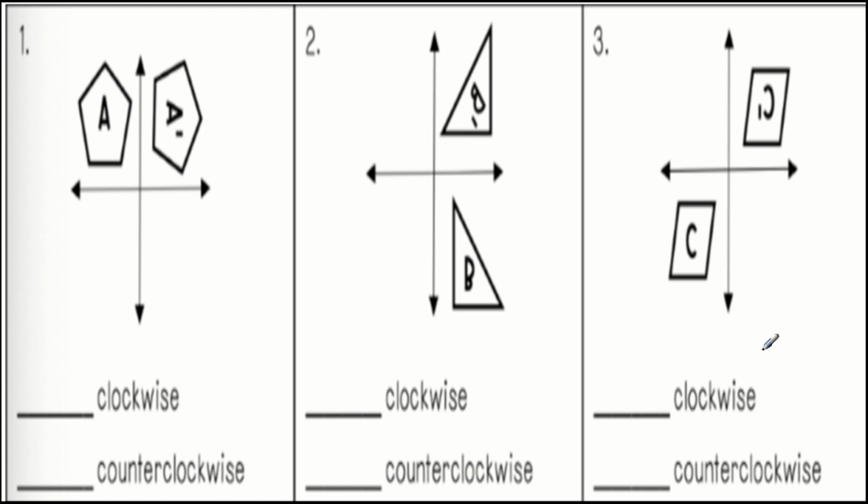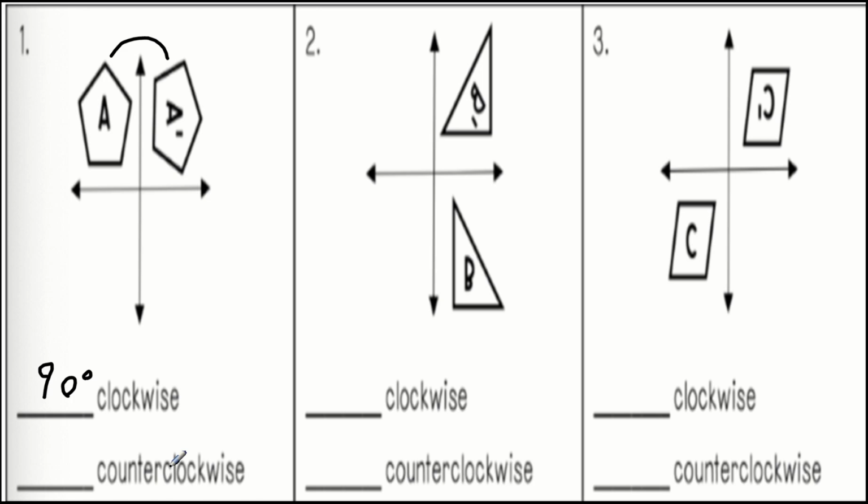All right, so if we look at these, we got some rotations going on here. Number 1, A starts off in quadrant 2. A prime is in quadrant 1. So if we had a clockwise rotation, that means we went over 1 quadrant. Everybody see that? And every 1 quadrant is 90 degrees. So 1 is 90 degrees.